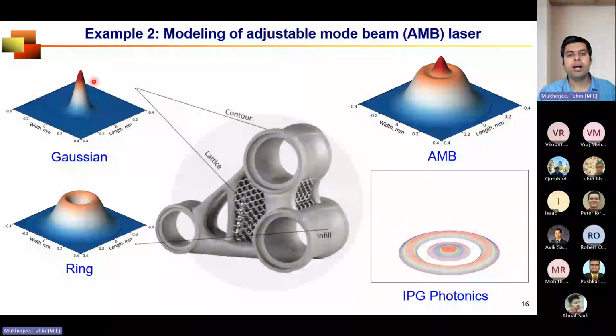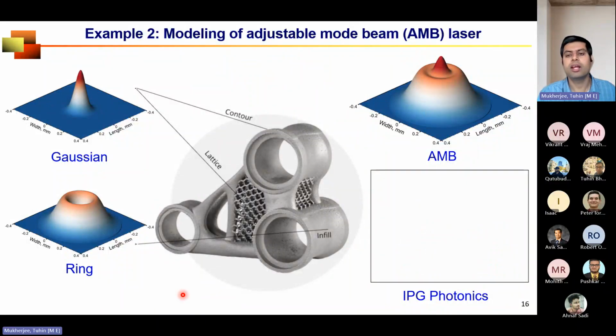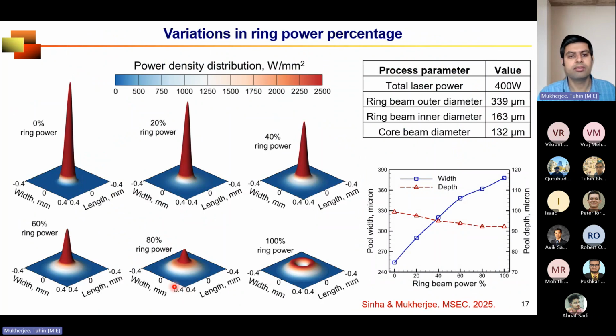So we are setting up a similar process here, but we have published quite a bit of modeling results on this. For example, if you vary the power percentage in the core beam versus in the ring beam, this picture is 100% power assigned to the outer ring beam, and here 100% power is in the Gaussian core beam, 0% in the ring.